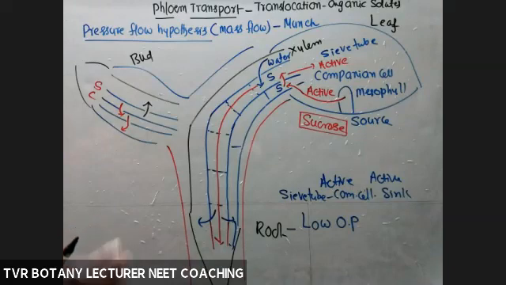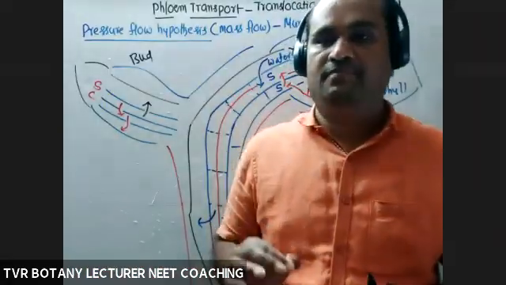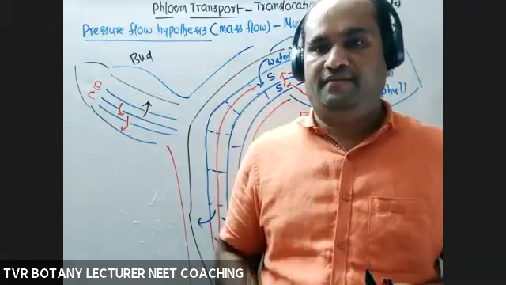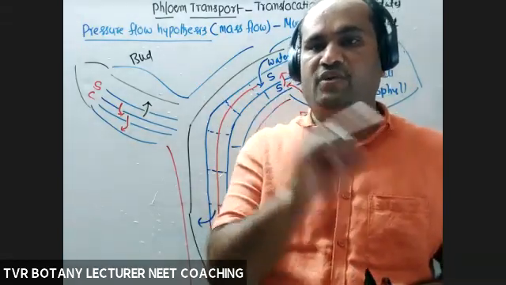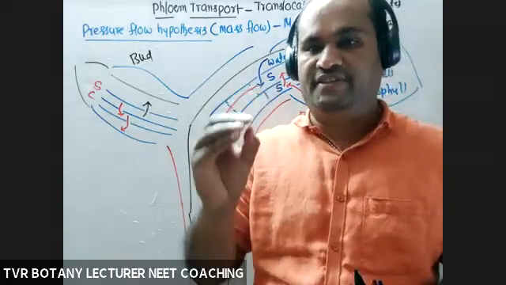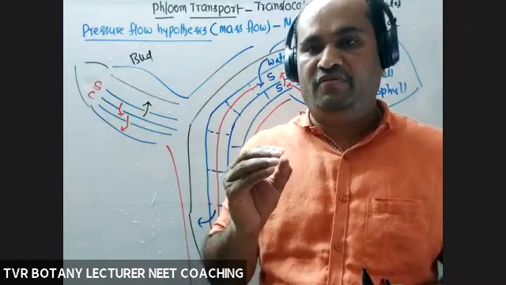The simplest explanation: transportation of sucrose from mesophyll to companion cell, and from companion cell to sieve tube, by means of active transport. Once sucrose is accumulated within the sieve tube, a negative psi W value is created.